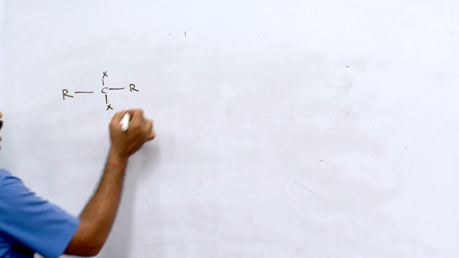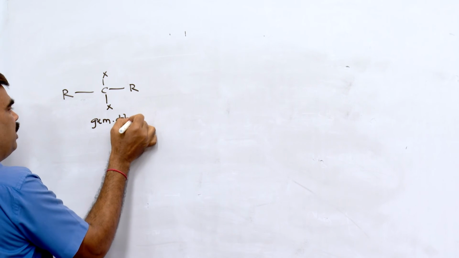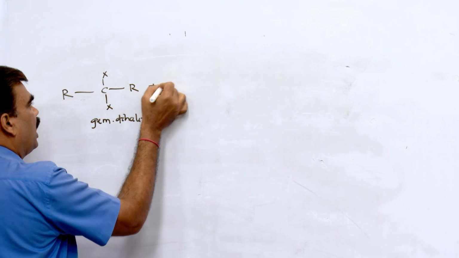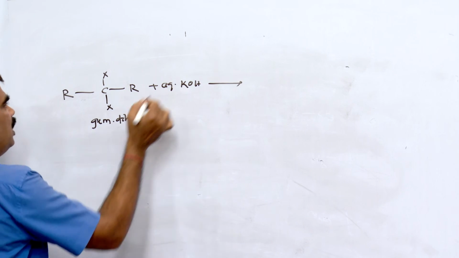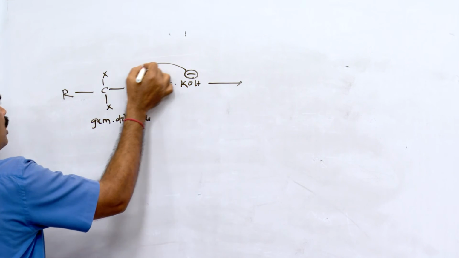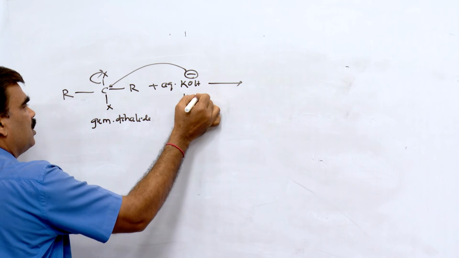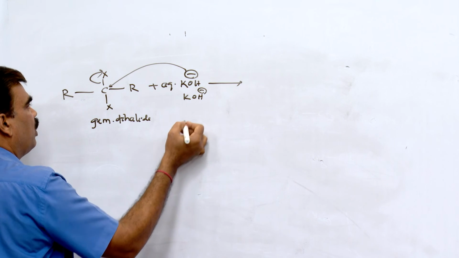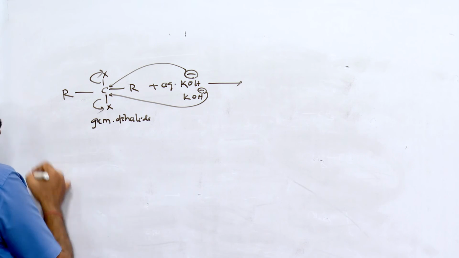When geminal dihalide is treated with aqueous KOH, you know, nucleophilic substitution reaction, OH comes, X goes out, here another KOH, you have to take two equivalent amount of KOH, another OH attacks, X is out.